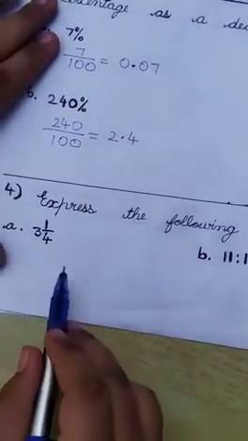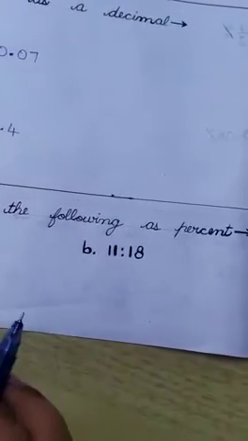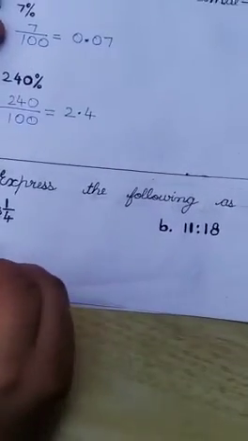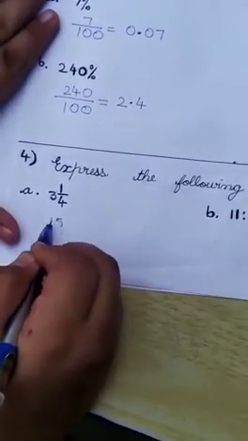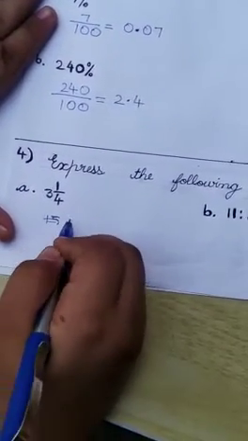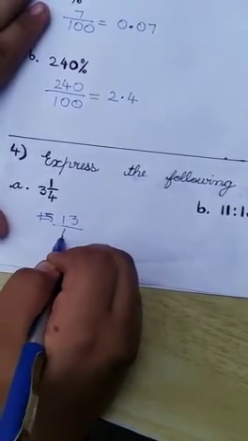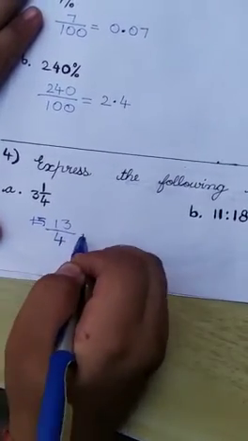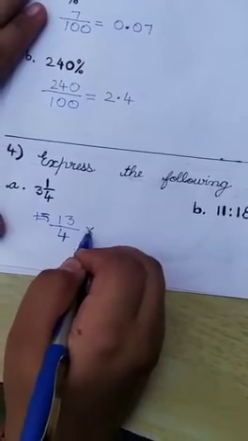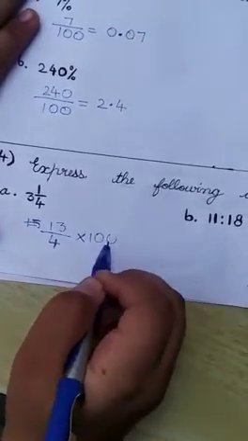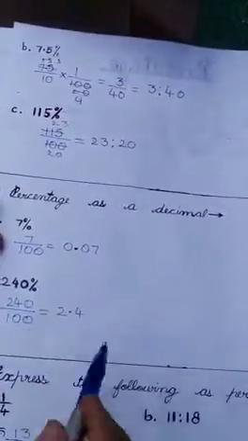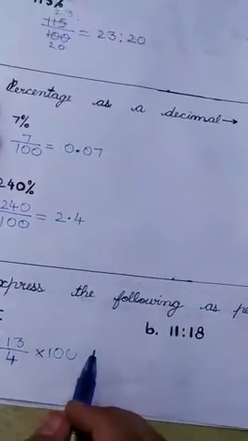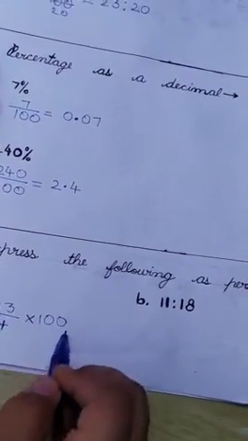Now if we have to express these forms as a percentage, how will we do it? 13 upon 4. Now we will multiply it by 100. There we were dividing by 100 in every form, and now we will multiply it by 100.